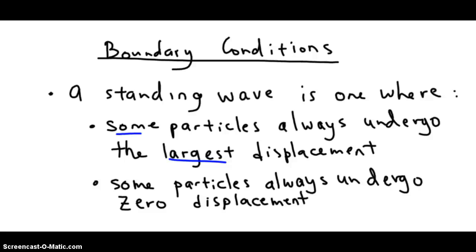And then we could also say a standing wave is one where other particles always undergo zero displacement. The particles that undergo the largest displacement, we say that they are located at antinodes, which we've seen that term. The particles that always undergo zero displacement, the location of those we call nodes.